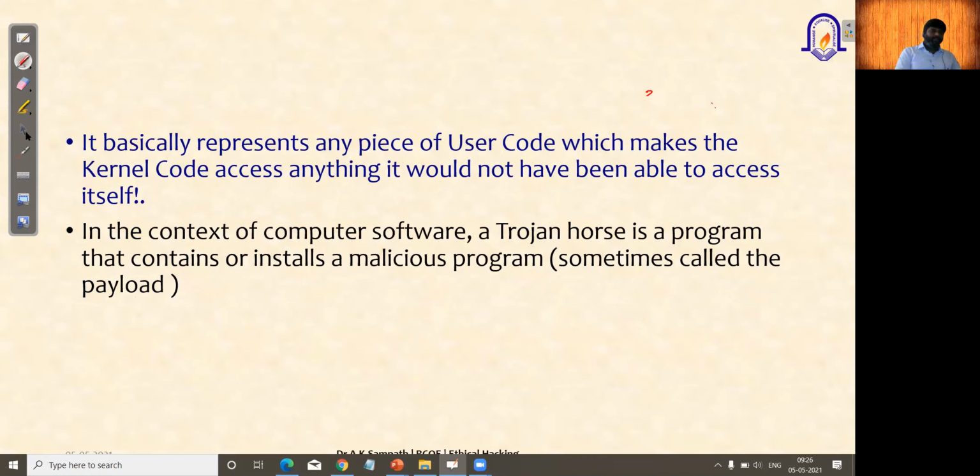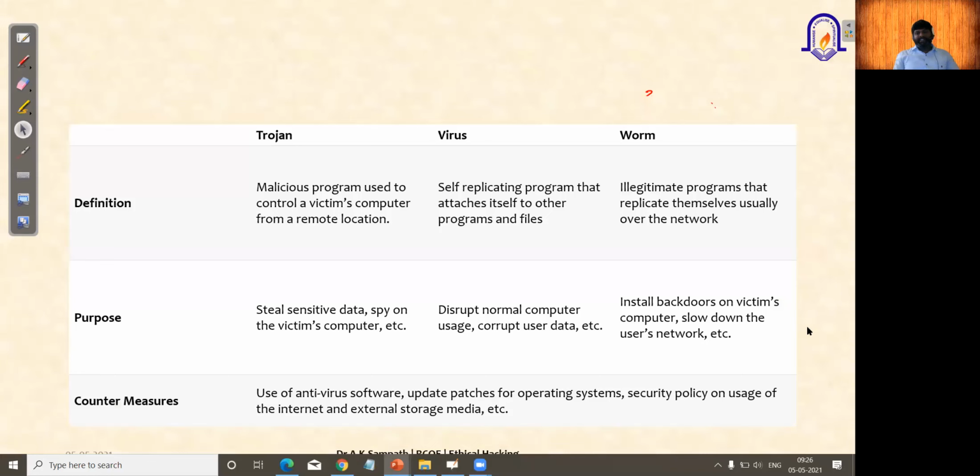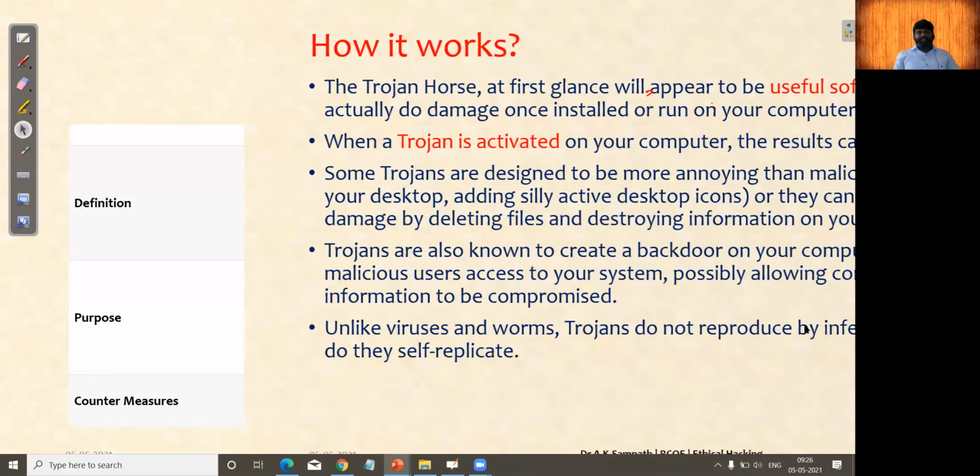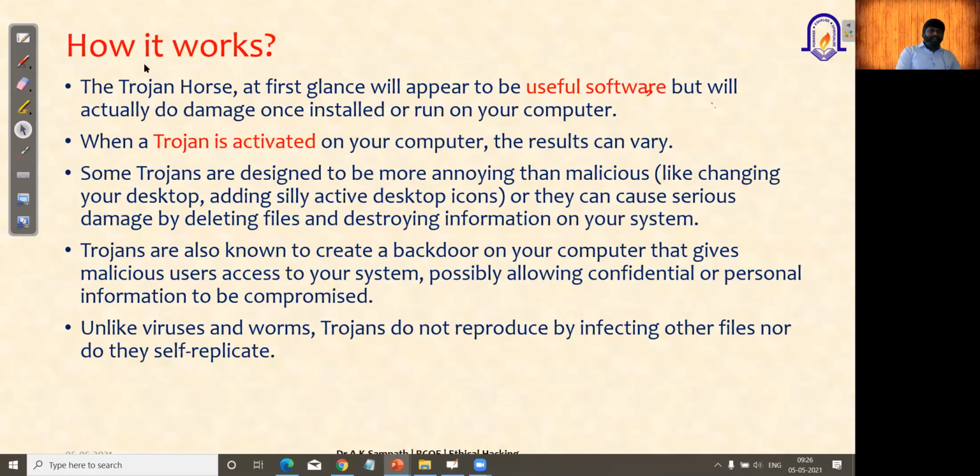Here the attacker will try to send some information or files to a victim machine. The victim doesn't know whether it is a virus or Trojan virus. Initially it will appear like useful software, but it will actually do damage once installed or run on your computer.